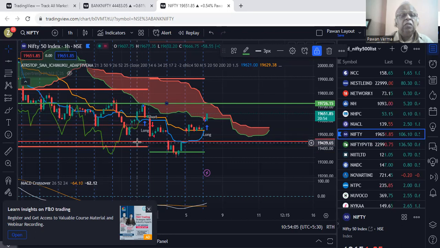But here the crossing is seen. An upward crossover is seen by the Chikou span, which gives the confirmation that the bounce back is due, and we can see the bounce back from the 19,650 current level to 19,726. This is the first level where the Nifty can reach.